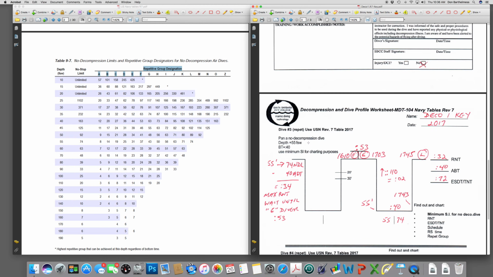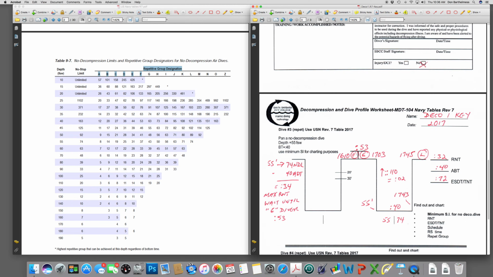I have to give you information now to plan this third dive. The third dive, I'm always going to ask you to calculate the minimum surface interval based on a particular depth and bottom time to make a no decompression dive or no stop dive. In this example, I'm telling you the diver has a particular task to do for 40 minutes at 55 feet. What is the minimum surface interval to make this a no stop dive?